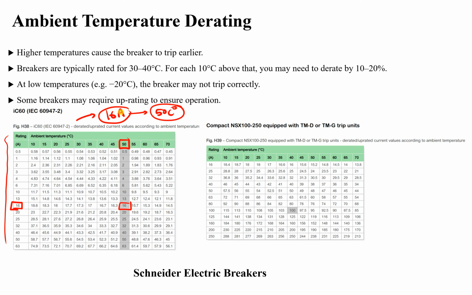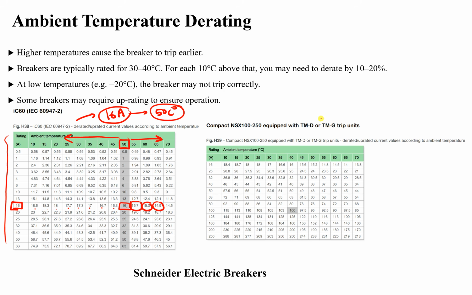So this is the rated or nominal value at 50 Celsius degrees. Now when the temperature increases, we have to derate it. So you'll see that this breaker will be 15.7, 15.3, 14.9. So it means that it will activate early, or trip early, compared to when we reduce temperature, you will see that the current rating starts to increase, as you can see.